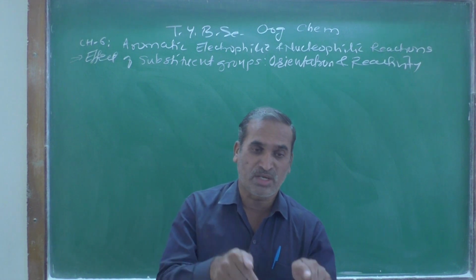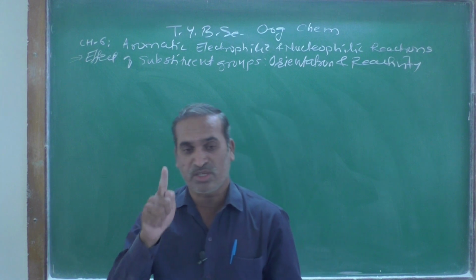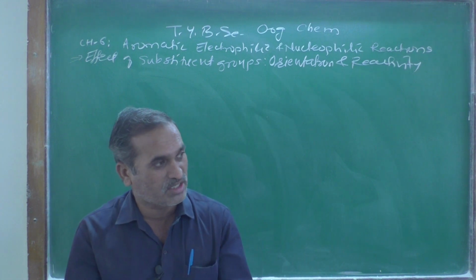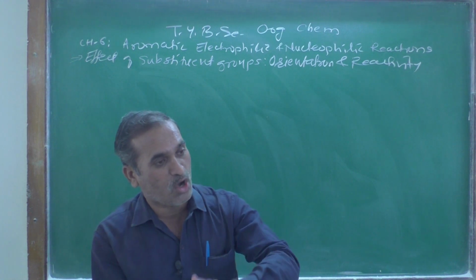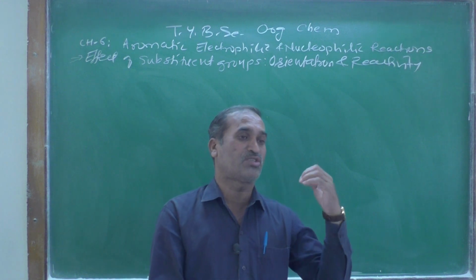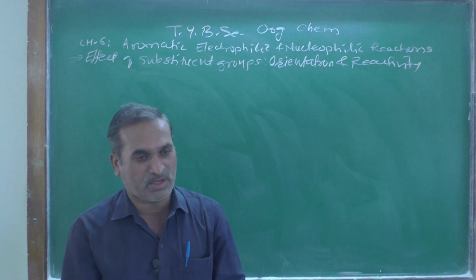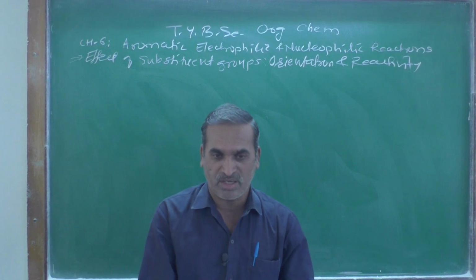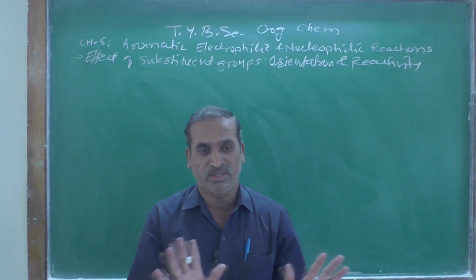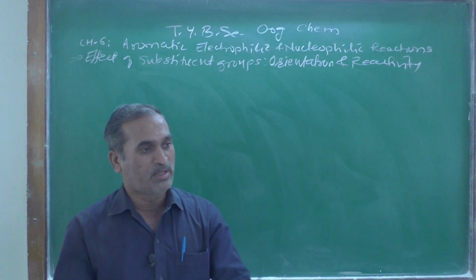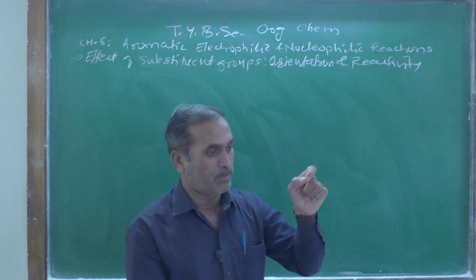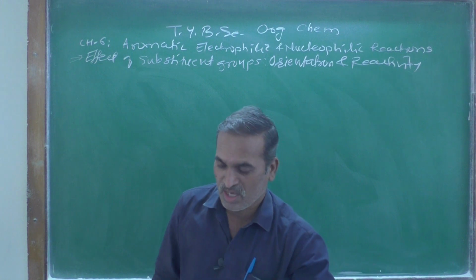Because if they undergo addition reaction, they lose their aromaticity, and therefore they do not show addition reaction similar to an alkene, even though they contain carbon-carbon double bonds and are unsaturated.